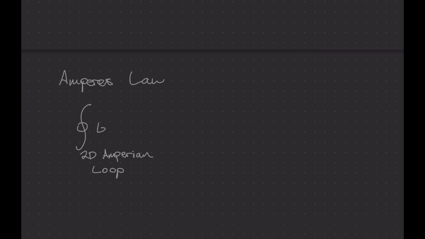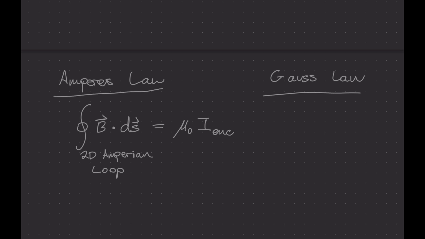What you're integrating over is B dot ds. Both of these are vectors because of the dot product. And what this equals is mu naught, the constant that you have in the equation sheet, and I enclosed. So this is very, very similar to Gauss's law, which I will write over here.